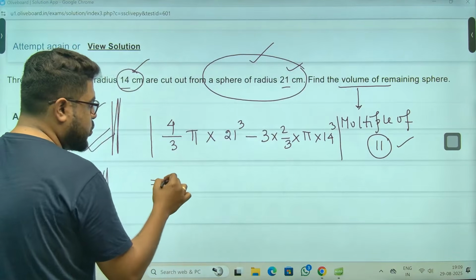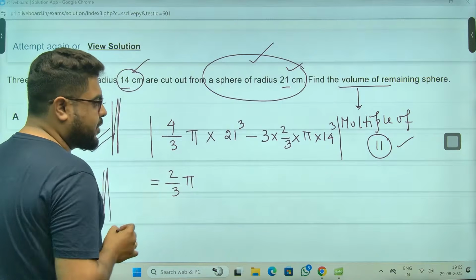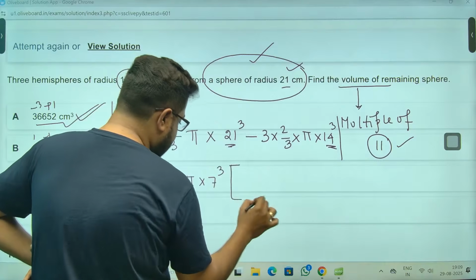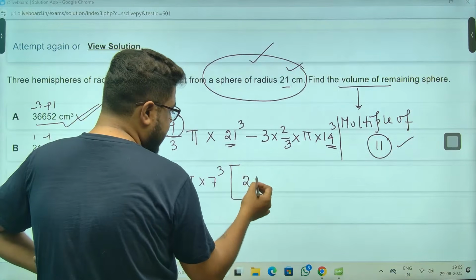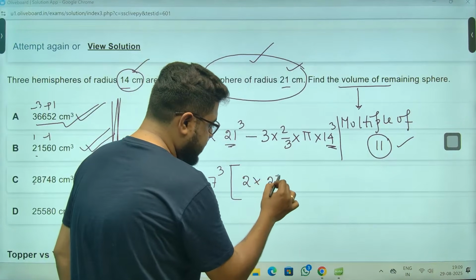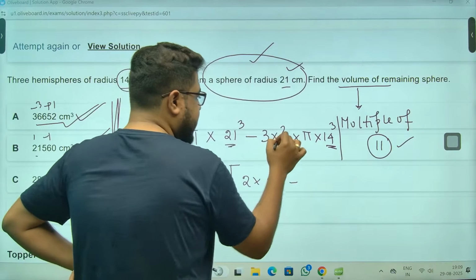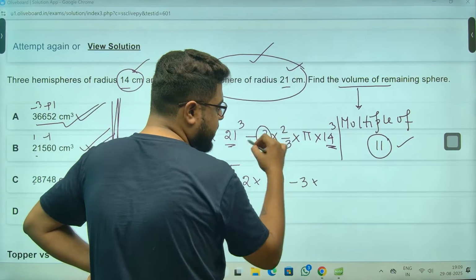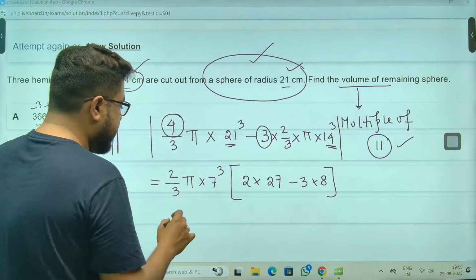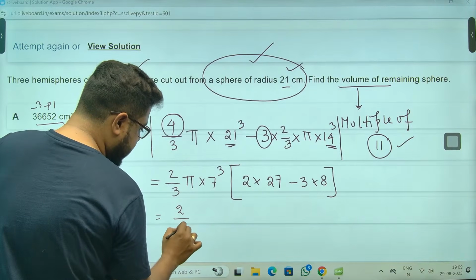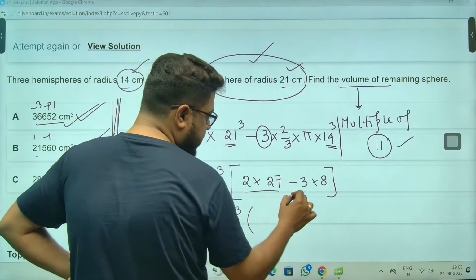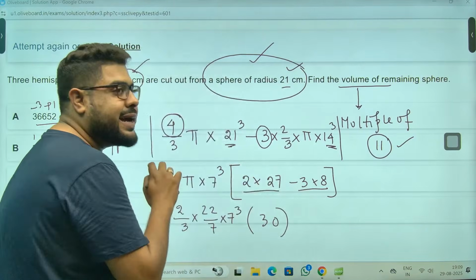I'm not cancelling this. 2 by 3 I can take common, pi also I can take common, and I can take 7 cube common. So from here I'm left with 2, and from here this is 7 into 3, so 7 cube into 3 cube, so 3 cube I'm left with 27, minus 2 by 3 taken common, pi is gone, so I'm left with 2 cube, that is 8, because 14 is 7 into 2, so 14 cube is 7 cube into 2 cube. That gives 54 minus 24, so 30.